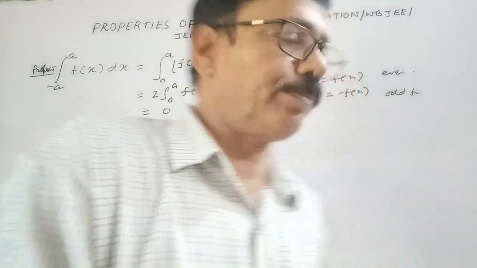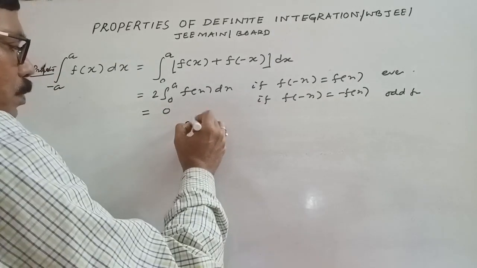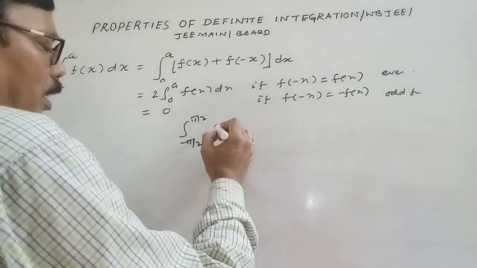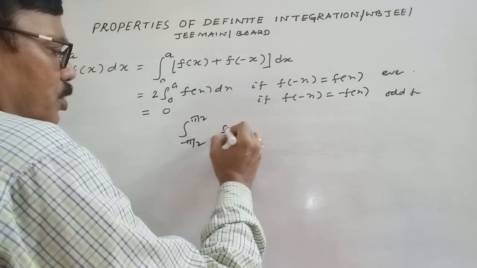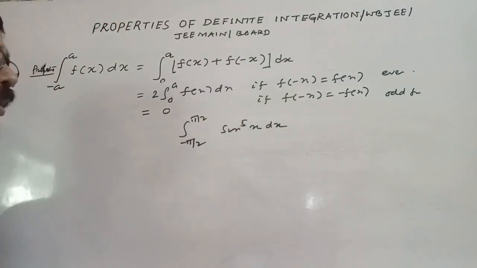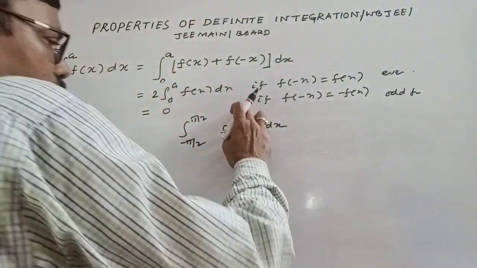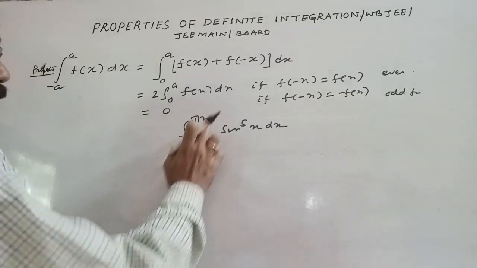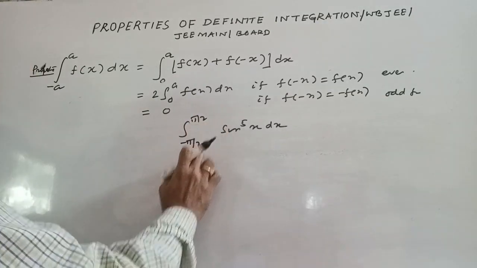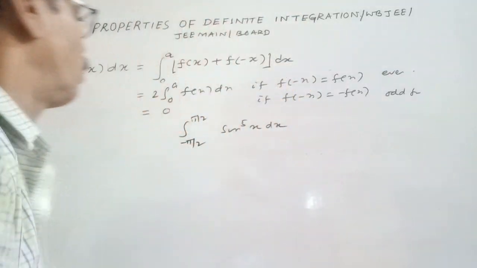Now, look, minus pi by 2 to plus pi by 2. So, suppose sine to the power 5x dx. If, look, the result is the same but opposite in sign, we always try to use the property.